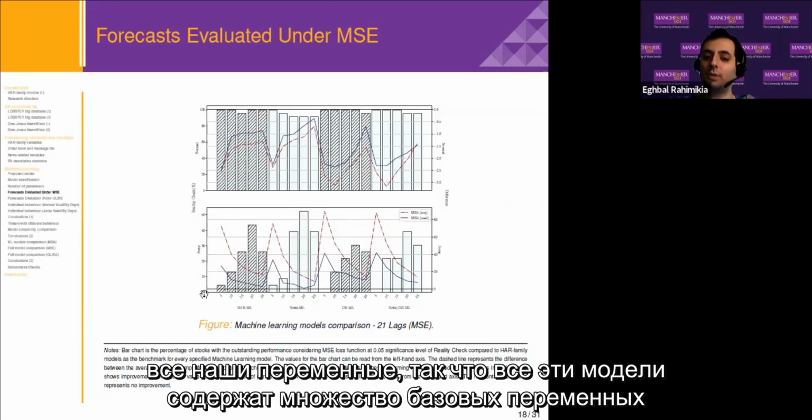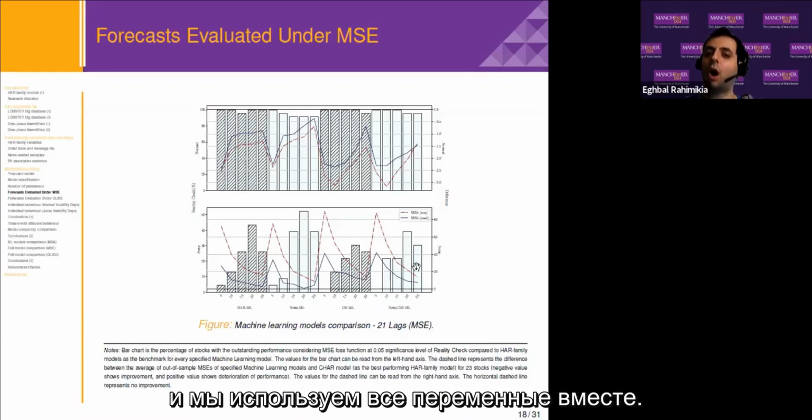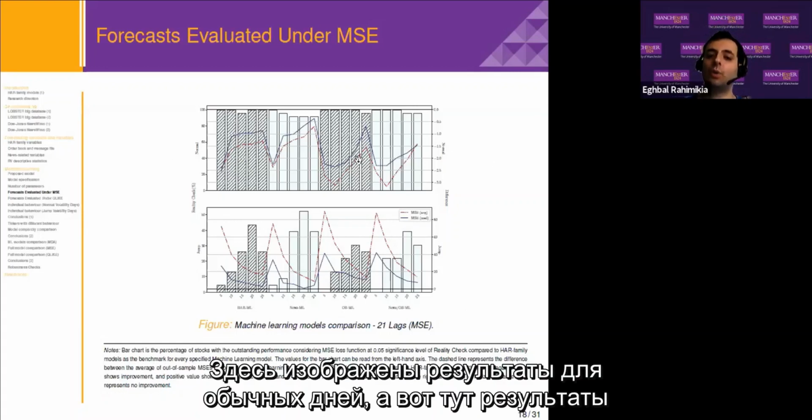So for all these groups of models, the base variable set is the Haar family model variables. Here we are adding news data, here order book variables, and here all of them. This is the results for normal days, and this one is the results for jumps.